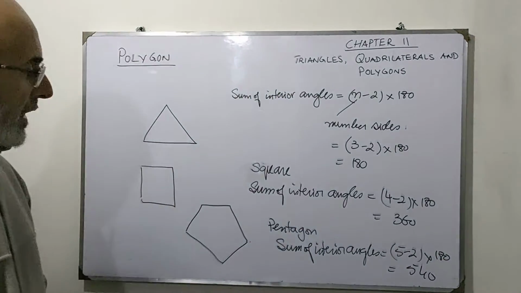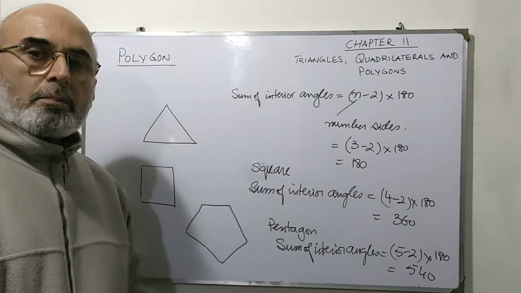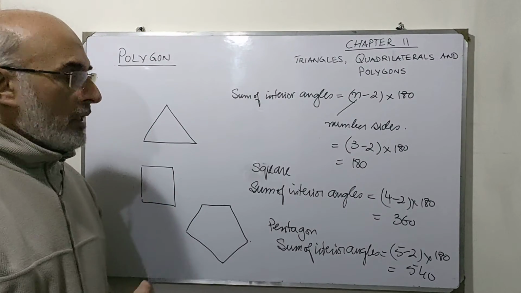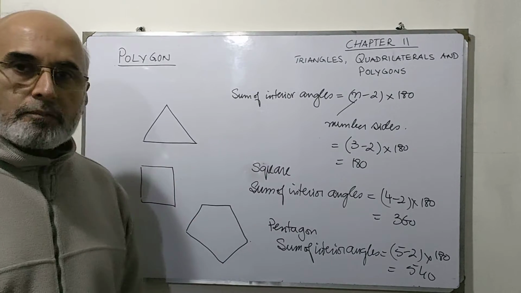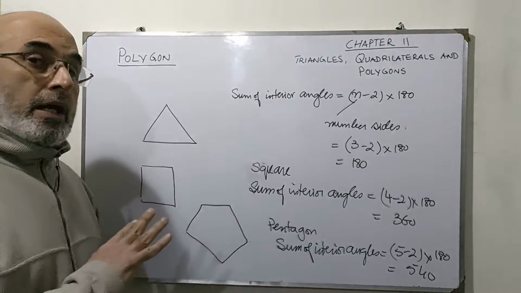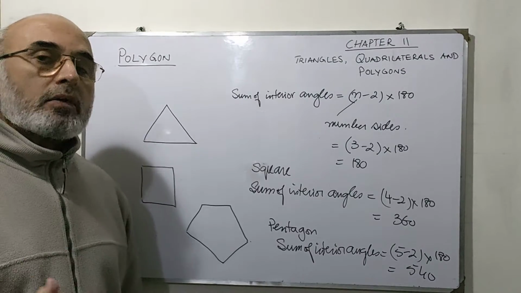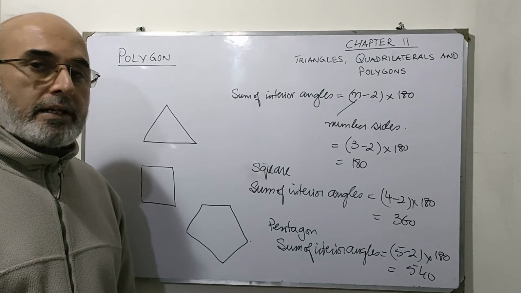So we can keep on moving by adding one side, and we can get the sum of interior angles using this formula. Okay, now we know how to calculate the sum of interior angles.